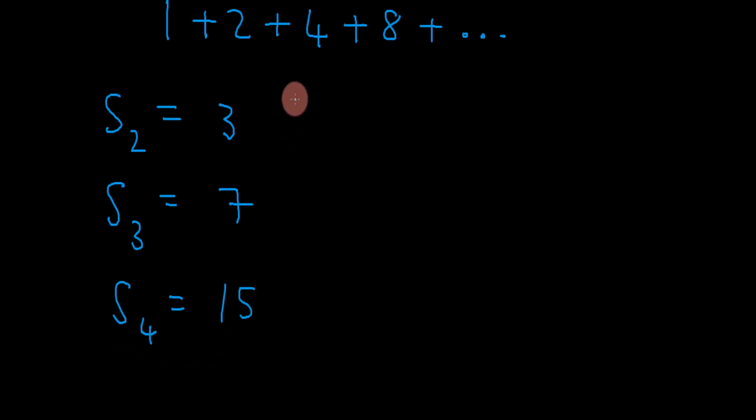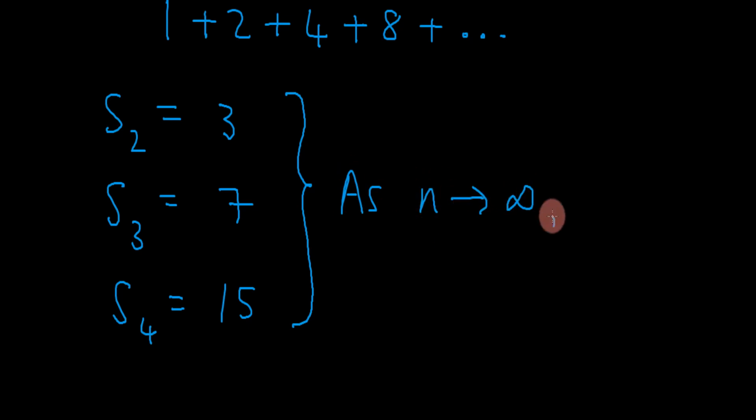Now, what we should note here is that as we keep on adding terms, the sum is getting bigger and bigger. So, as the number of terms that we add approaches infinity, the sum to n terms becomes larger and larger.